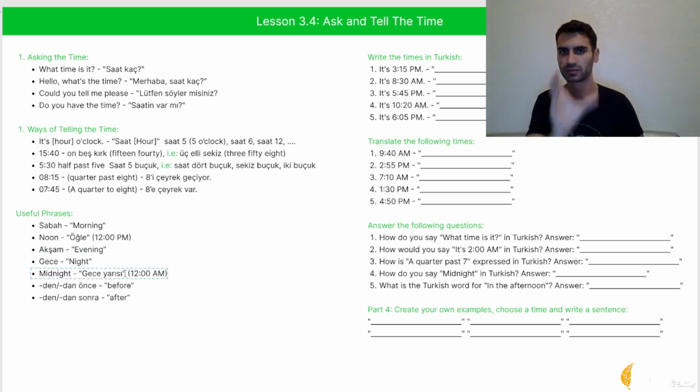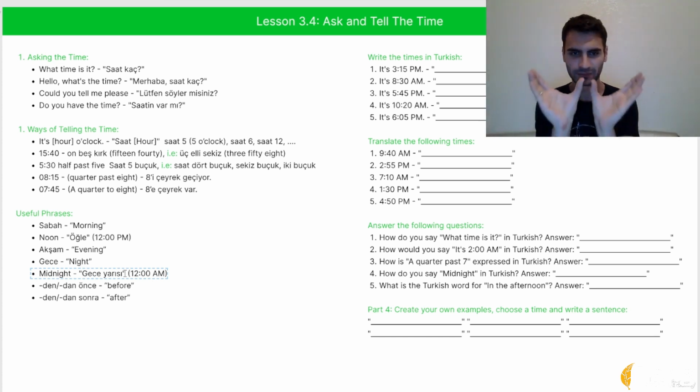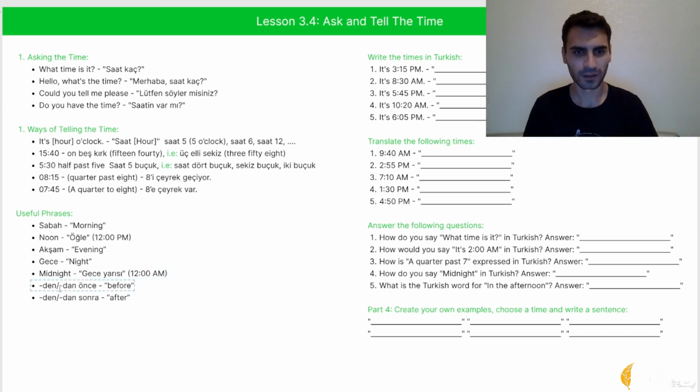Yarı, actually half night. Half of the night. There are two halves of the night. The middle is midnight. Den önce, before. Den sonra, after. After something. Sonra.